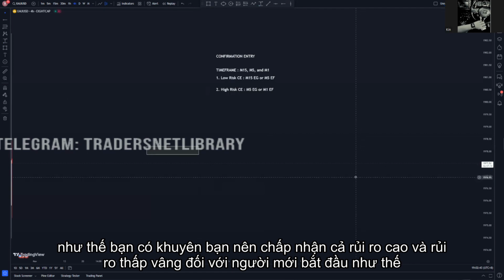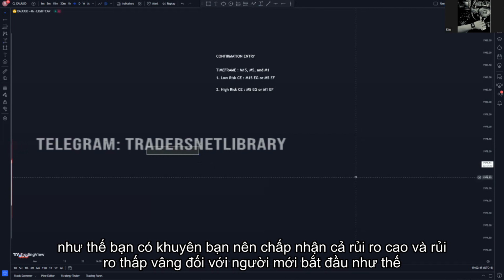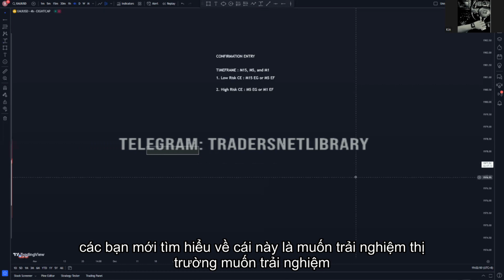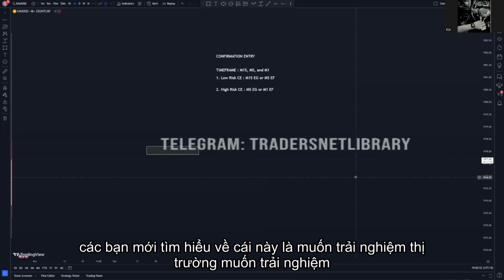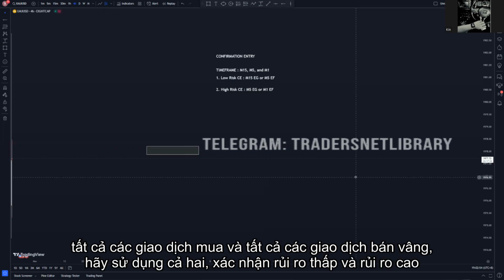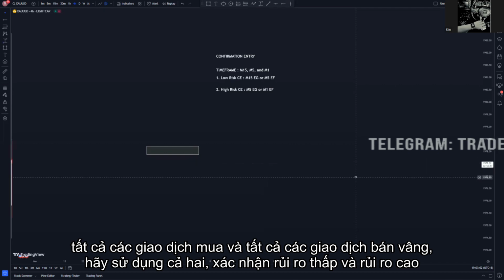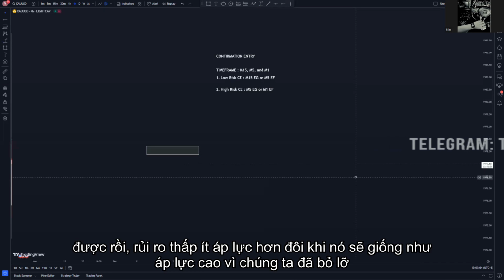Do you recommend taking trades from both high risk and low risk? Yeah, for starters, for those who just learned about this and want to experience the market, all the buys and all the sells, use both low risk and high risk confirmation entry.